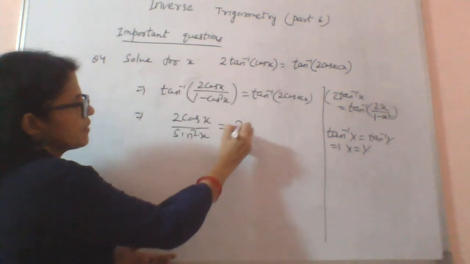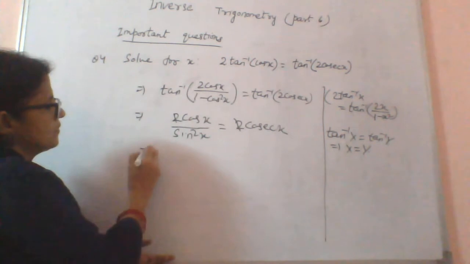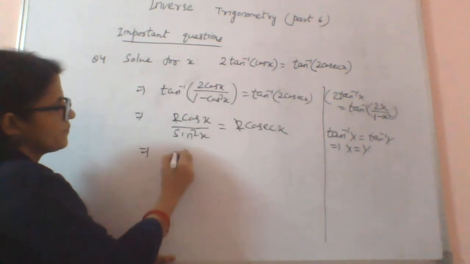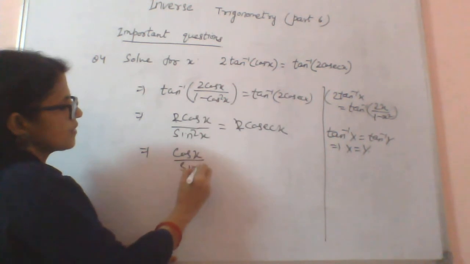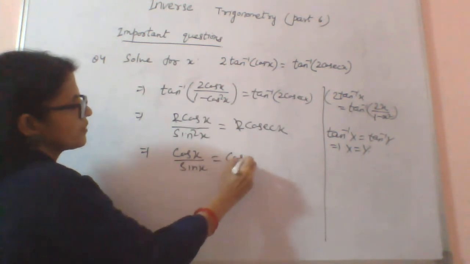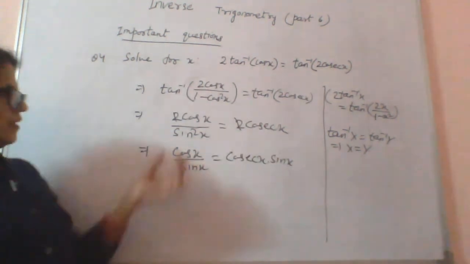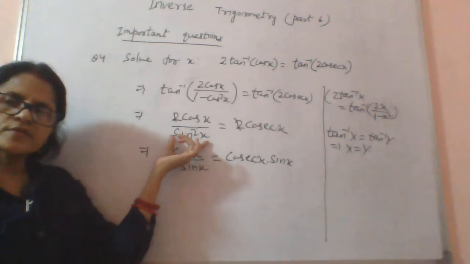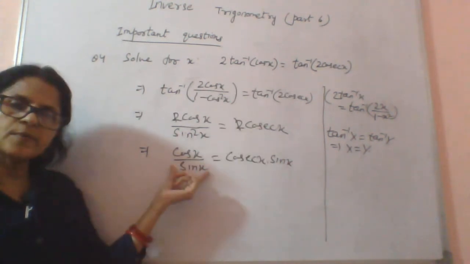1 minus cos square x is sin square x, that is equal to 2 cosec x. So here you have cos x by sin x equal to cosec x into sin x. What I did here: sin square x, I have taken one sin x here and one sin x I am keeping here.